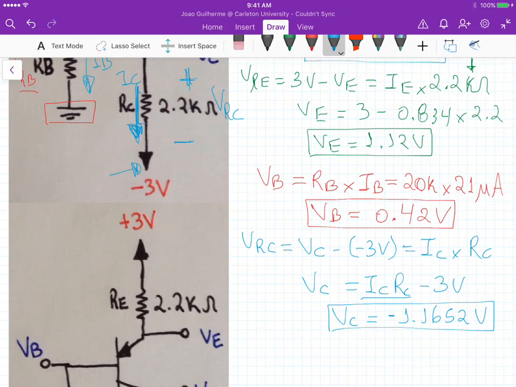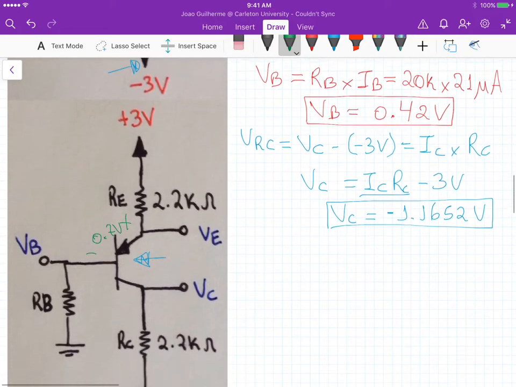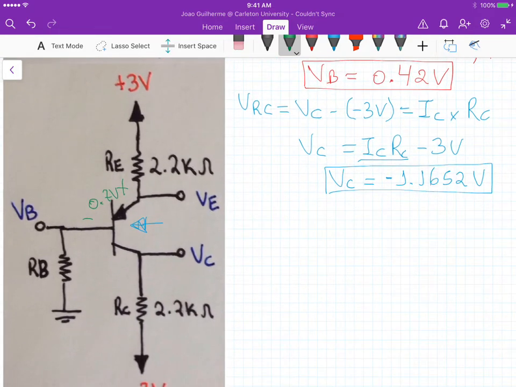Now remember that our assumption is that the BJT is operating in the active mode. So from that we know this potential difference here is 0.7 volts. This allows us to start analyzing this circuit. But now that we calculated the values of the voltages VE, VB, and VC, we still need to verify that the second condition for the BJT to operate in the active mode region still holds.